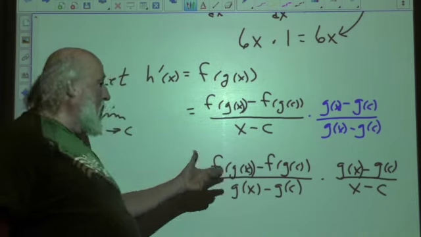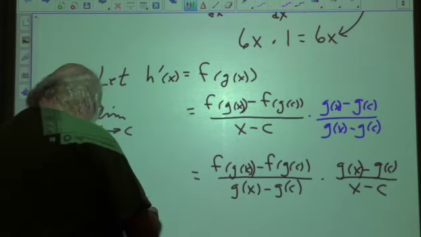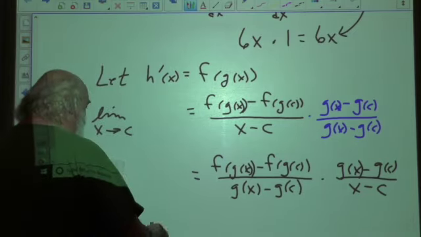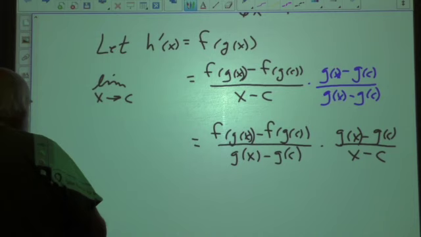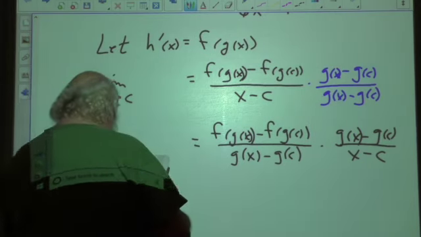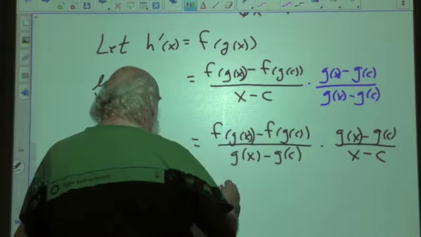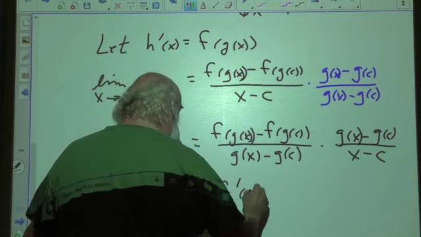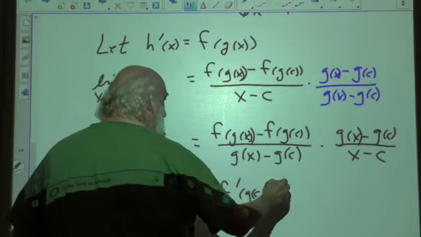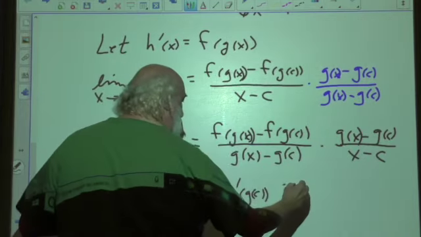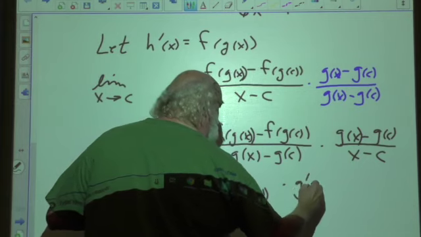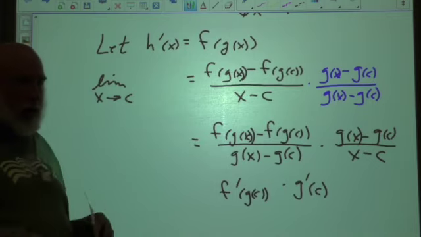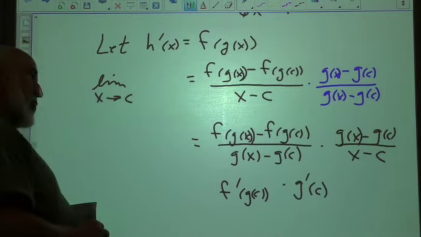They take on two different dynamics here. But the result then is that as the limit of x approaches c right here, this is going to be the definition of f prime, the derivative of g of c, times, and this is the definition of the derivative of g of c, using the definition that we used earlier in chapter 2.